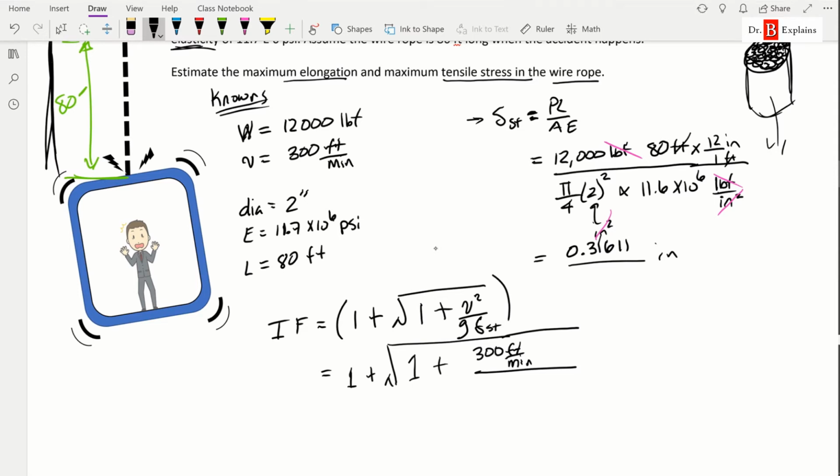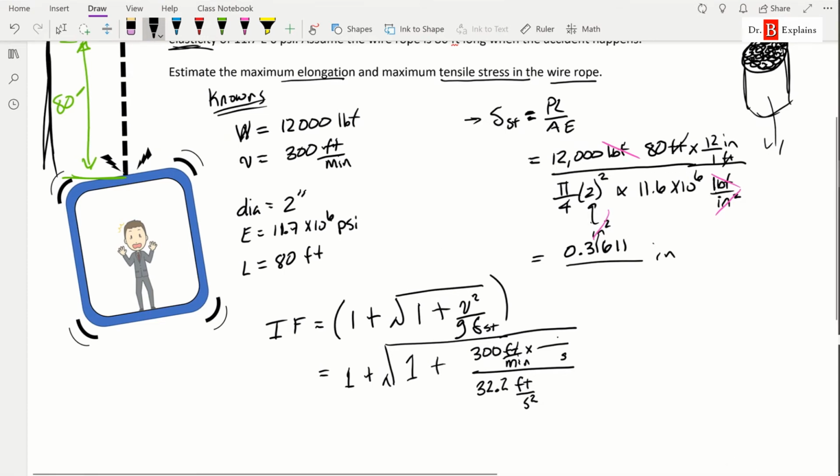Why do I say that? Because at the bottom we have gravity, and gravity in US customary units is 32.2 feet per second squared. On the top we have a velocity of 300 feet per minute. So we want to convert this to seconds so that we have the same units.